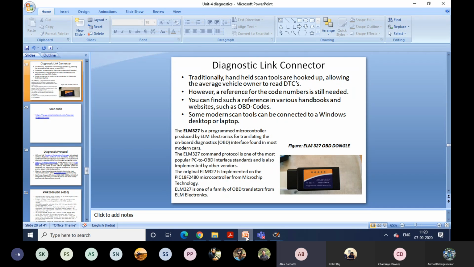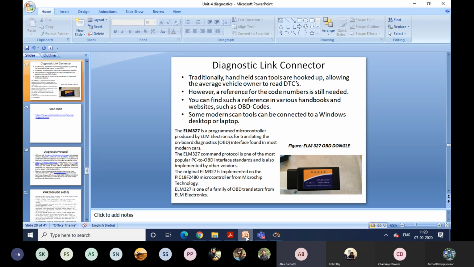In the case of OBD1, the fault is represented using the malfunction indicator light, which is also called MIL. MIL is used to represent faults related to the engine component, the engine system, in terms of the blinking pattern. So that is OBD1.